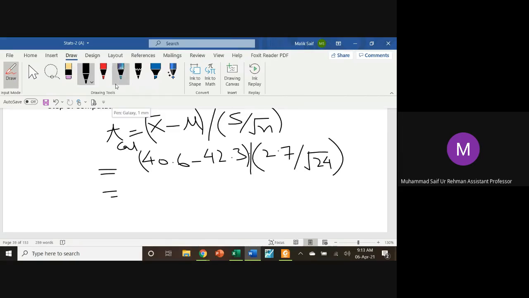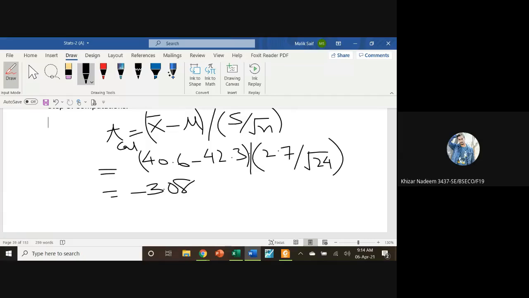First of all, 40.6 minus 42.3 gives a negative sign. Minus 3.0845. Are you sure?